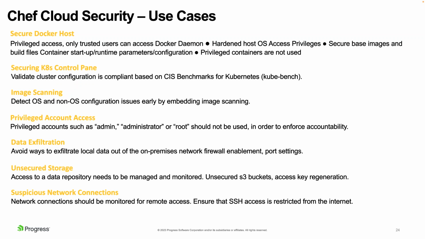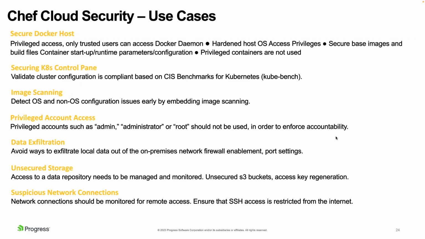It allows us to identify non-OS configuration issues early by embedding image scanning, and it also allows protection against data exfiltration, or it prevents unregulated access, only allows privileged accounts, and it even raises red flags when there are suspicious networks trying to connect, and then making sure that these vulnerabilities are flagged and remediation measures are taken for them.